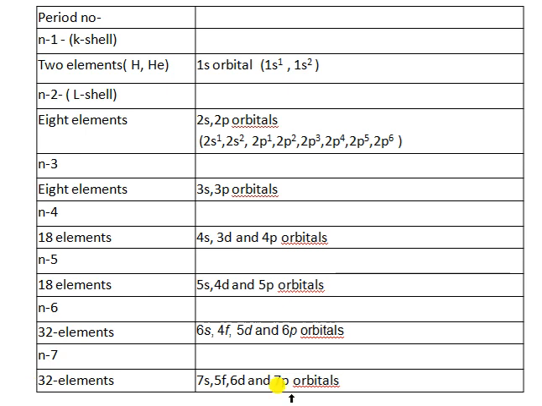Period number 6 belongs to 6s, 4f, 5d, 6p orbitals, and period number 7 is 7s, 5f, 6d, and 7p orbitals. In this way we arrange our periodic table according to electronic configuration.